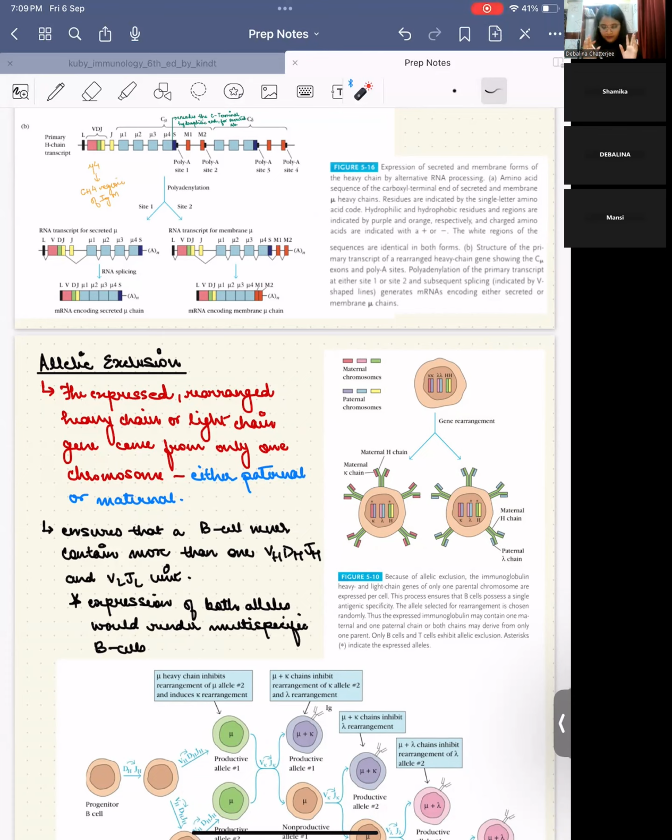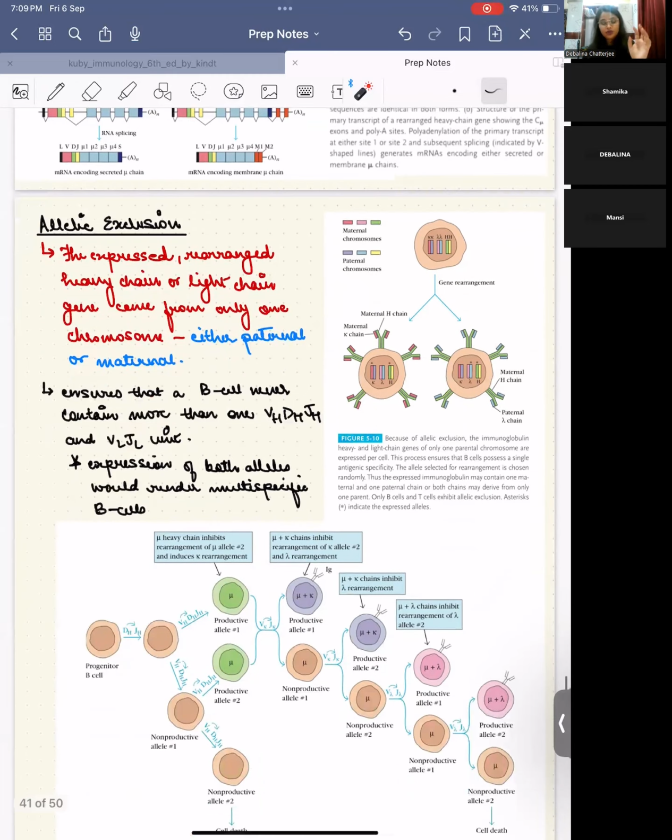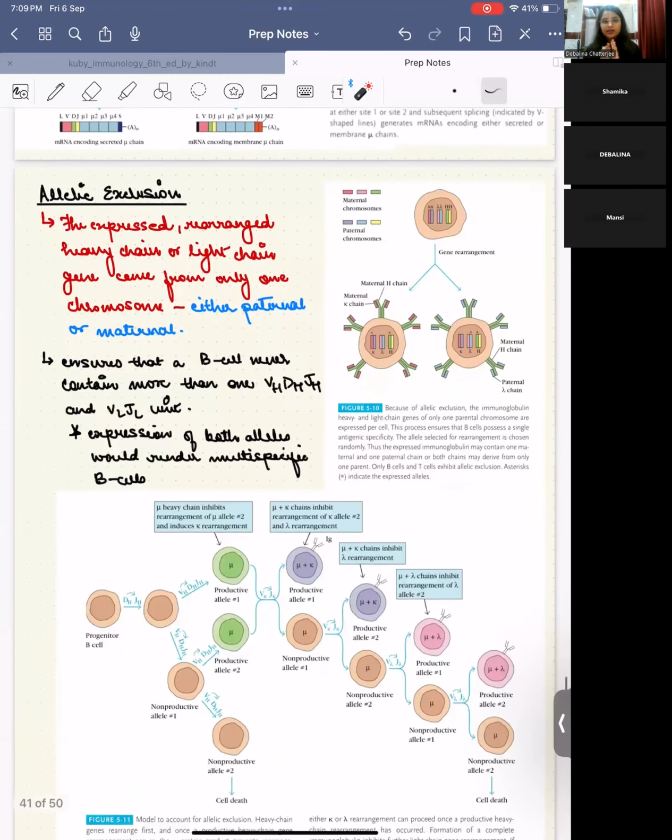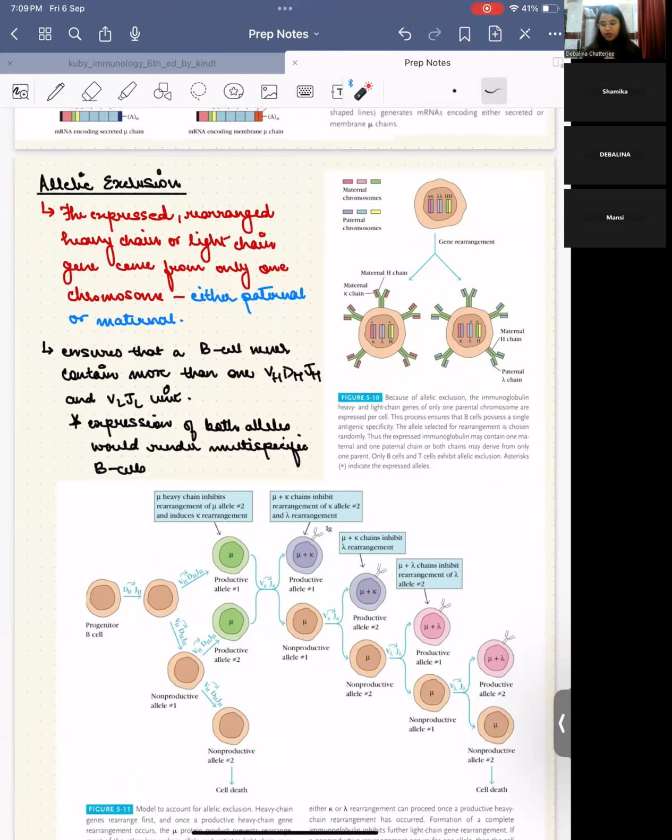So two mechanisms discussed: isotype switching and how secreted and membrane-bound antibody is determined. Then comes the phenomenon of allelic exclusion. Let's understand what allelic exclusion is.